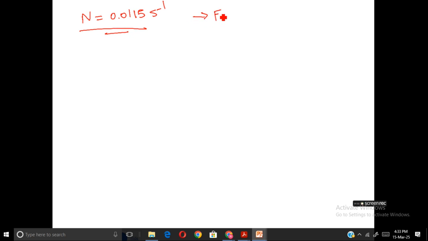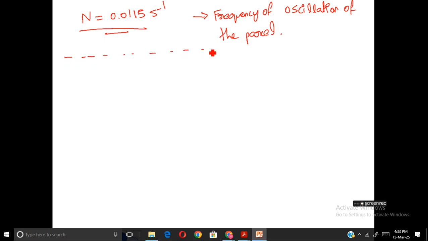So this is basically the frequency of oscillation of the parcel. Now I'm not going to derive this, but in terms of potential temperature. So this is in terms of the virtual temperature, right?